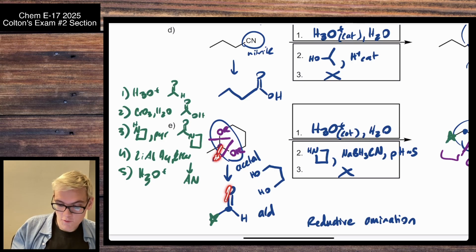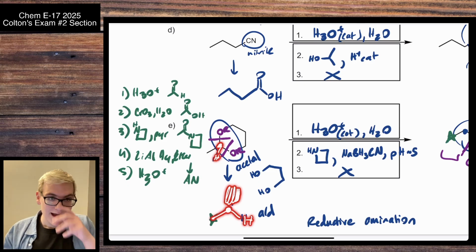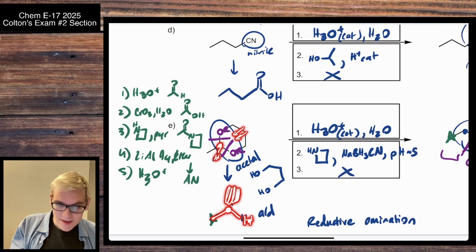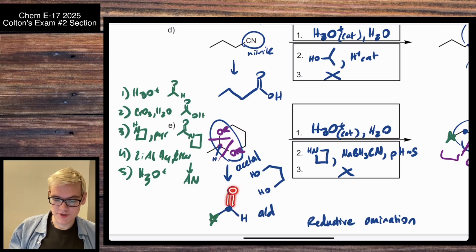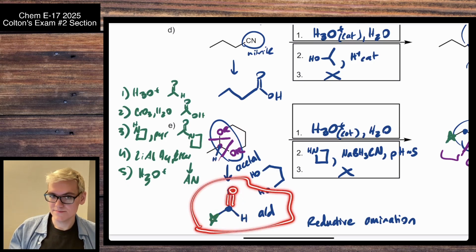So before we do anything else, we need our central carbon with a methyl on one side and a hydrogen on the other side. And then in our fake mechanism, when we disconnect the 2 OR groups, with these 2 cuts that I have in purple, we are just replacing those 2 bonds we cut off with the ORs with a carbonyl. And that's what gets us to our specific aldehyde.